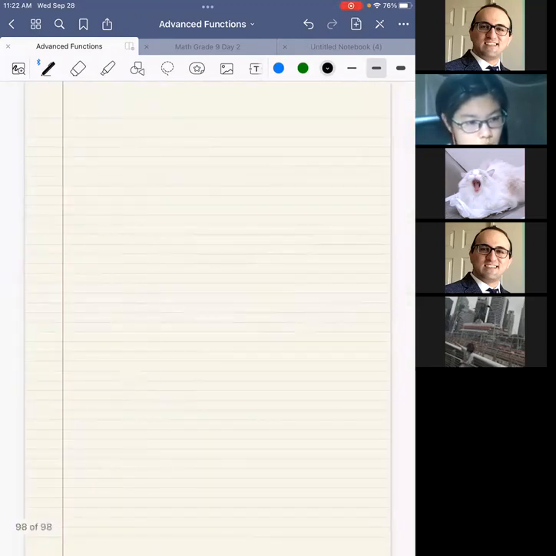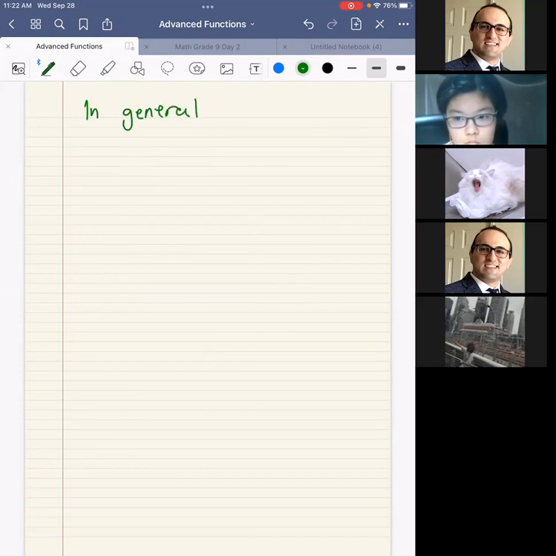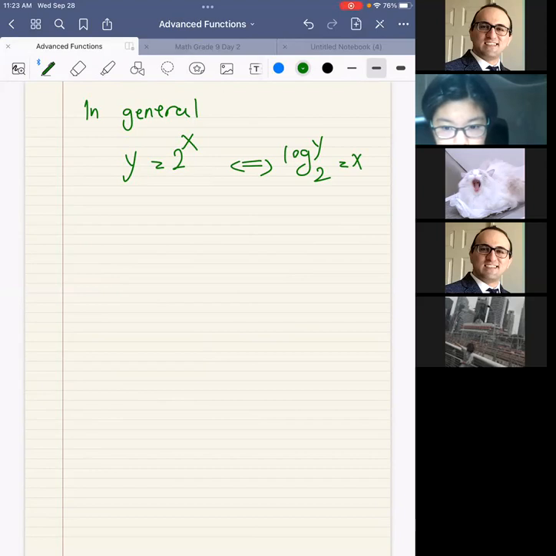So in general, if I talk about base 2, I say that if y equals 2 to the power x, that's equivalent to saying that log of y with base 2 is equal to x.